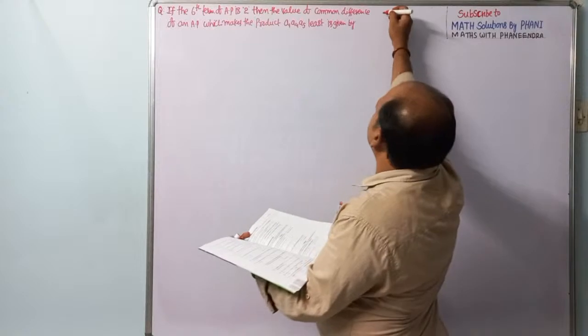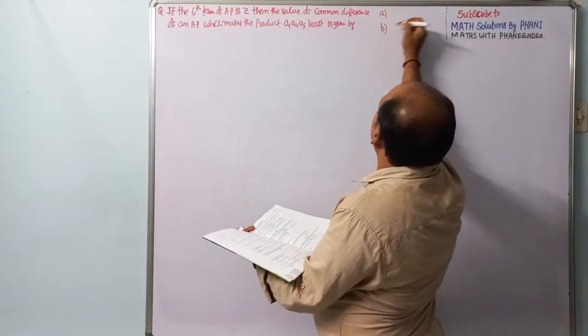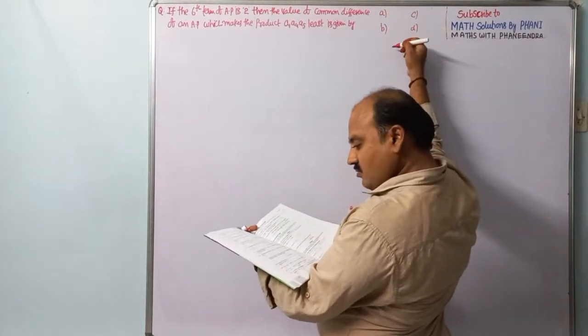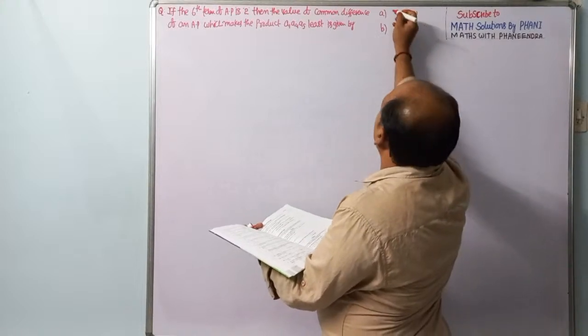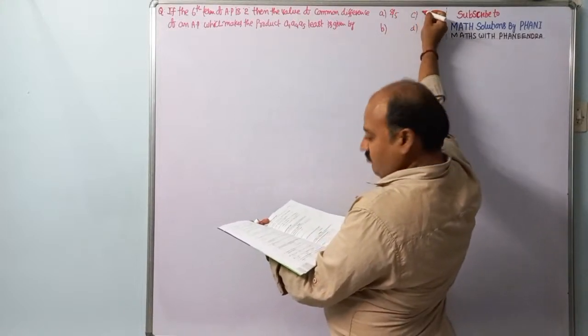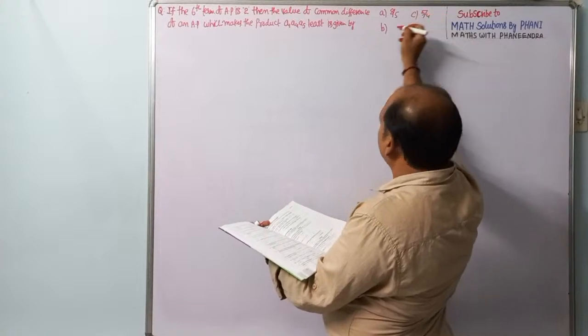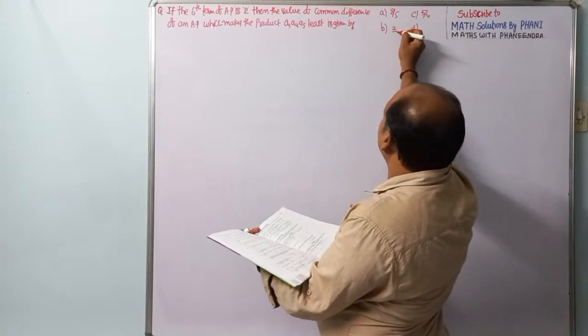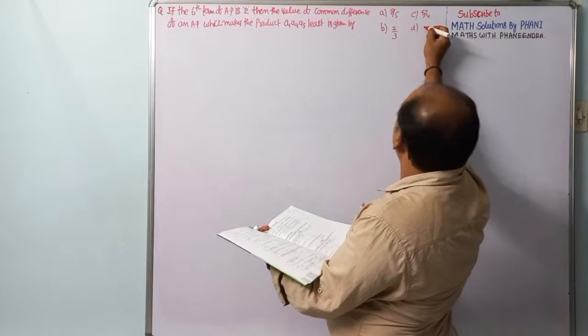So options are provided: 8 by 5, 5 by 4, 2 by 3, 1 by 2.